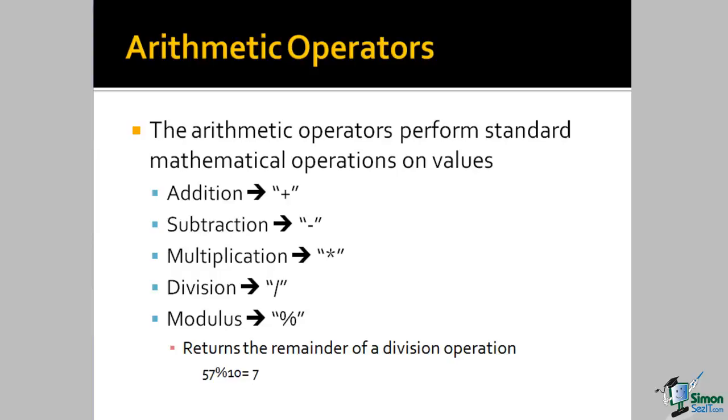So in the example here, we have 57 divided by 10, or 57 modulus 10. What that says is 10 goes into 57 5 times and then leaves a remainder of 7. And so modulus returns to us that value, 7. What's left over after the division of 57 by 10. This can be very useful in different situations, and we'll see where those are.